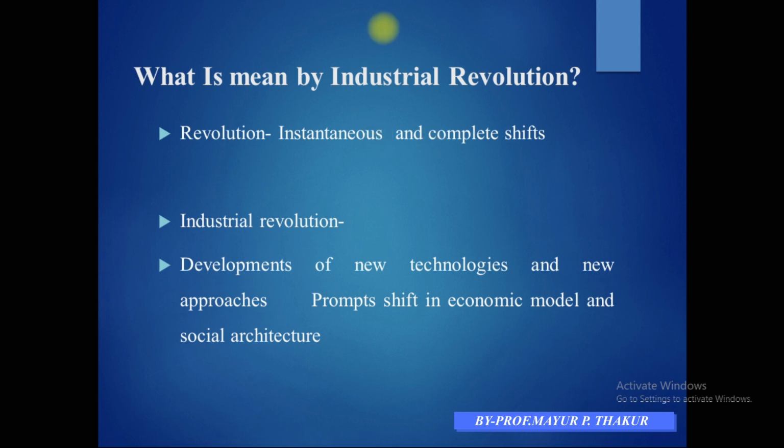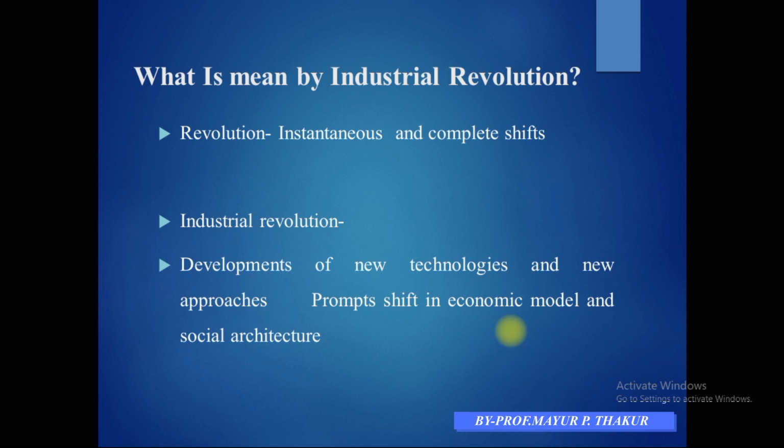Then came the industrial revolution, where the development of new technology and new approaches promoted a shift in economic model and social architecture. So what happens here? In the industrial revolution, new technology, new machines and new approaches to production processes were introduced.